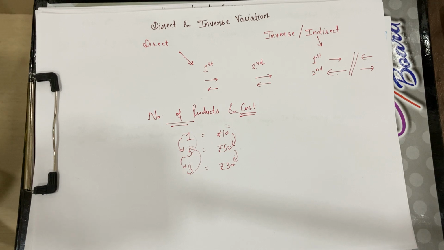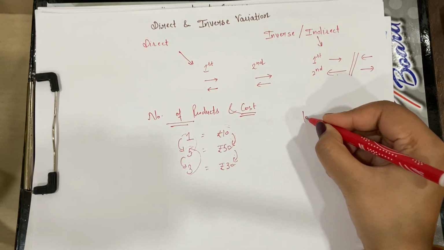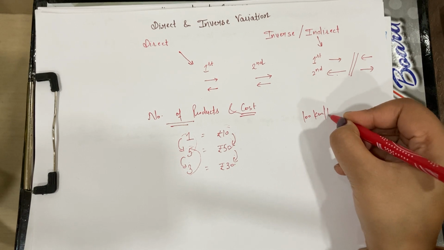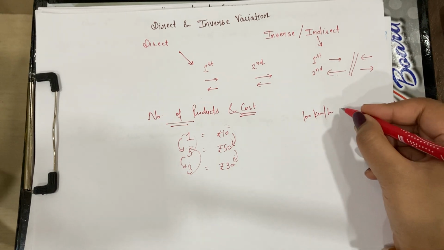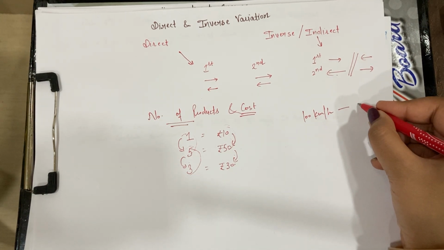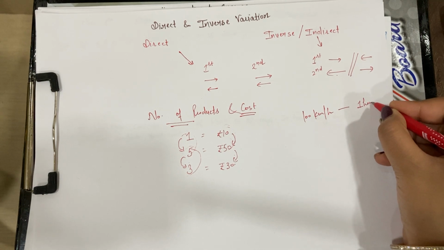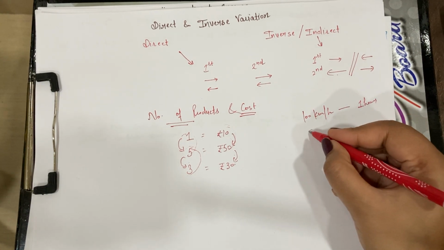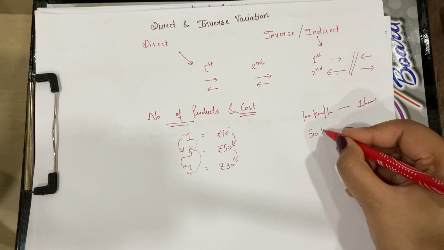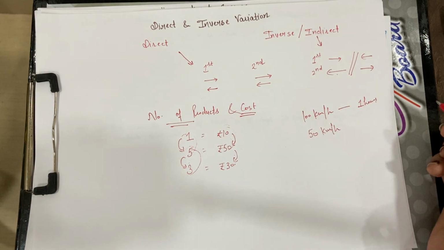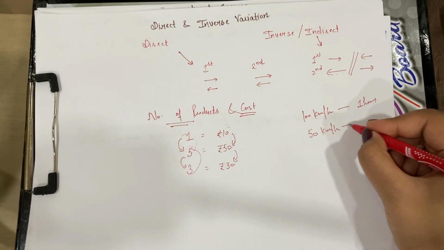Now, an example of inverse variation. For example, let's take speed and time. If we are going somewhere at the speed of 100 km per hour, you will reach your destination in 1 hour. Okay? If you decrease your speed, now your speed is 50 km per hour.